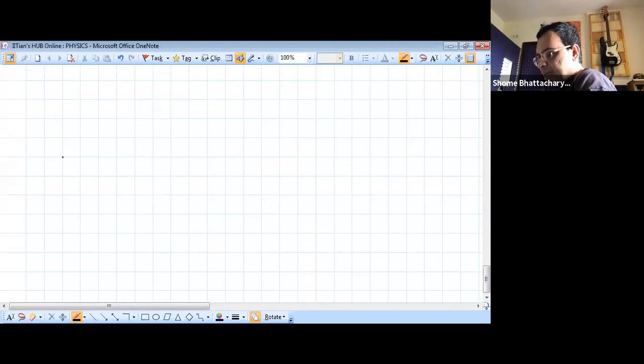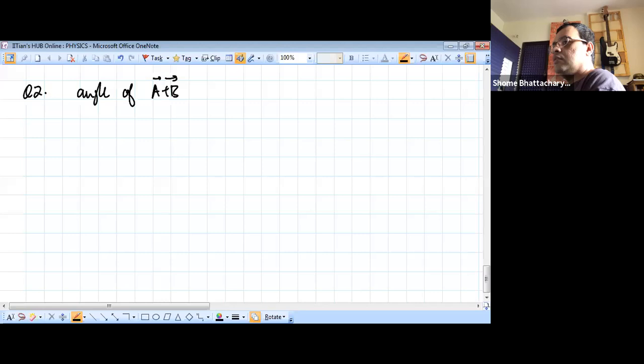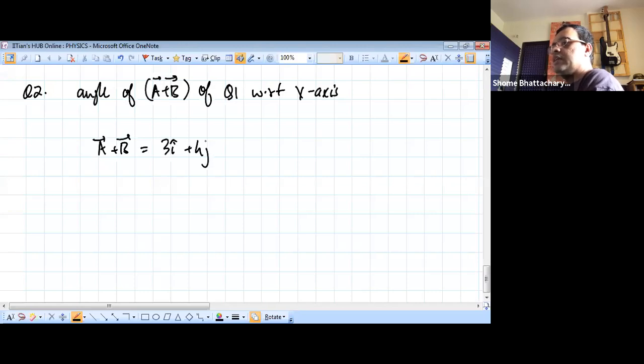So we had to find the angle of A plus B with respect to the x-axis. So question 2 wanted to find the angle of A plus B from question 1 with respect to the x-axis. It is very simple. What did we just see for A plus B? It was 3 I cap plus 4 J cap. So the angle it makes with the x-axis is tan inverse 4 by 3.